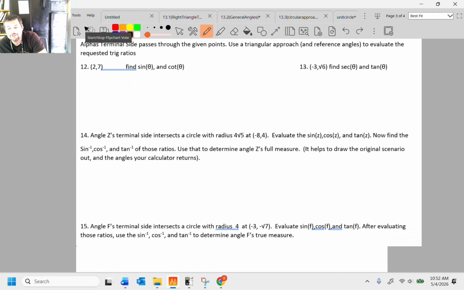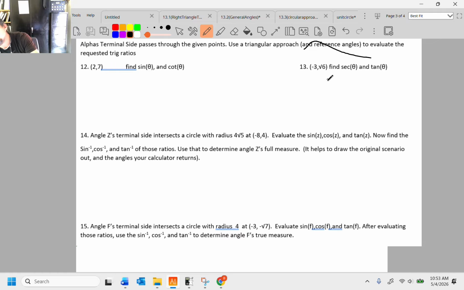Moving forward, alpha's terminal side passes through the given points. Use the triangular approach and reference angles to evaluate the requested trig ratios. I don't know why it talks about reference angles. But you don't need the reference angles.